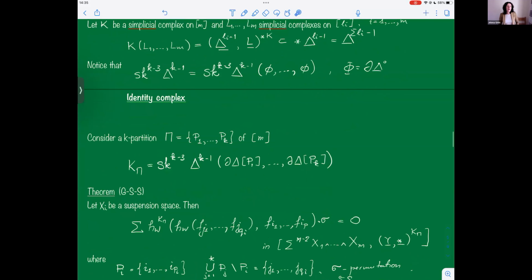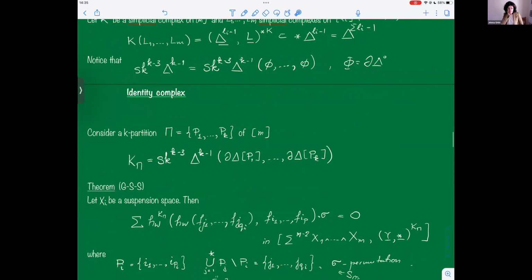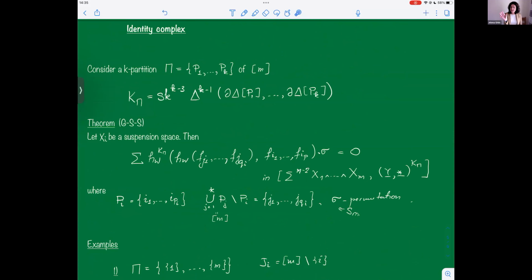So here we go. We'll start with the vertex set of the simplicial complex, and then we will take a K-partition of it. Namely, we will partition the set of vertices into K disjoint subsets.